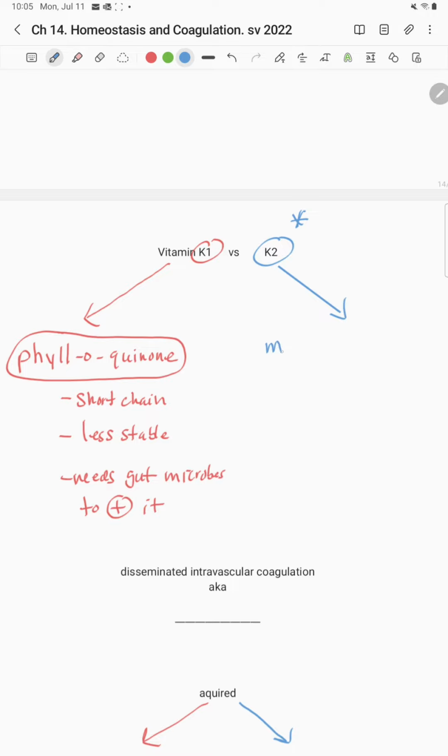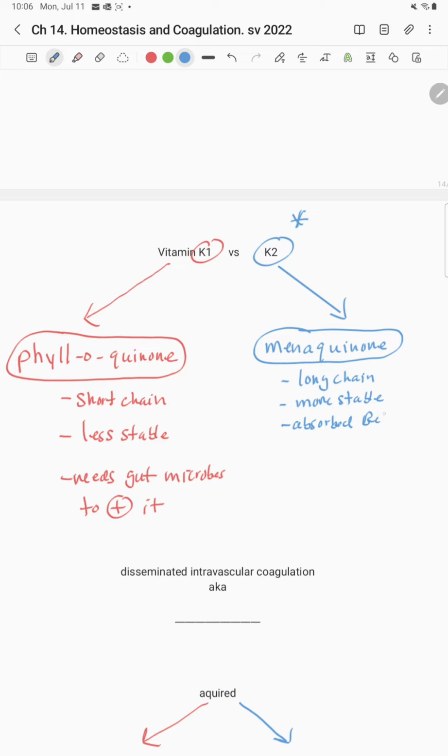Okay, K2, which is the better form, is menaquinone. This is a long chain. It's more stable. It's absorbed better.